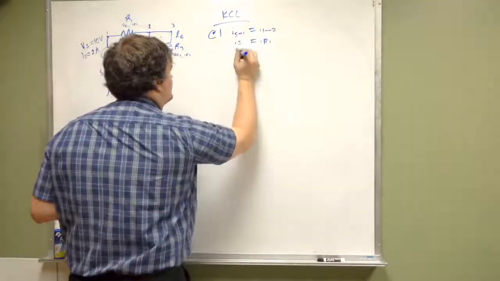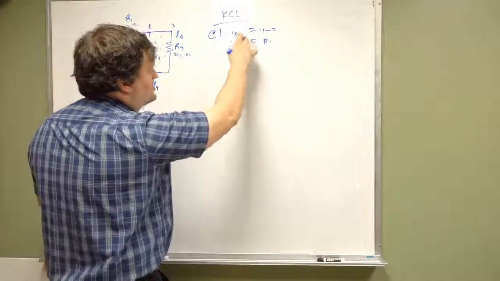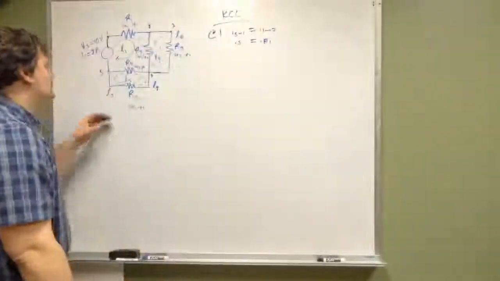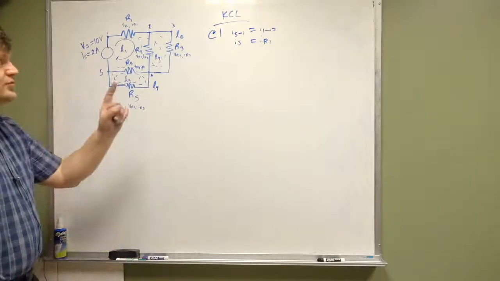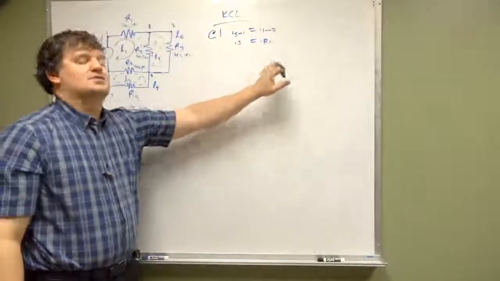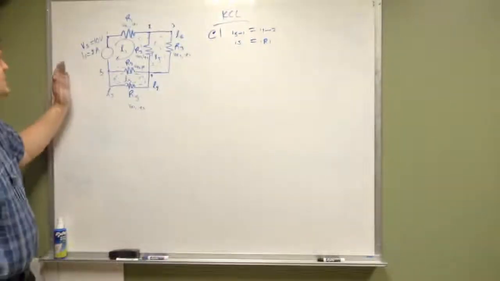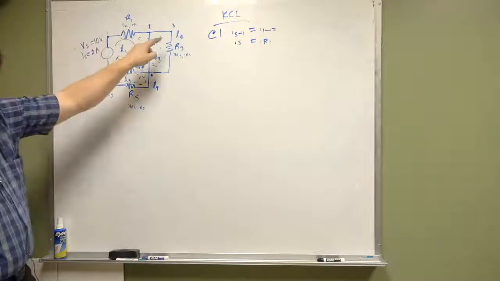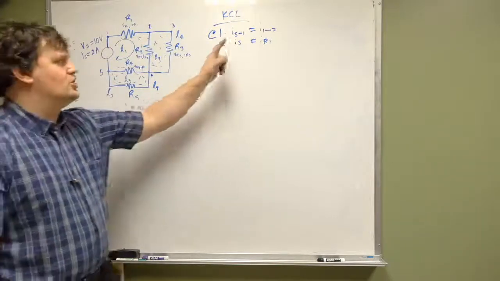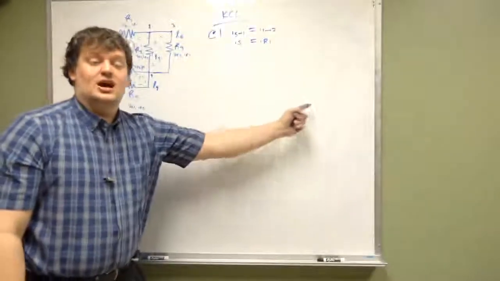So I5 to 1 is equal to IS. If we replace I5 to 1, the current going from node 5 to node 1, with IS, that's valid. IS is equal to IR1. That makes sense. The amount of current coming in is coming from the source and going through resistance 1.